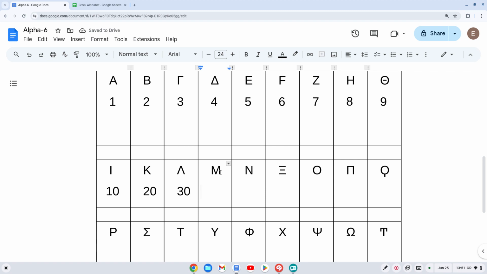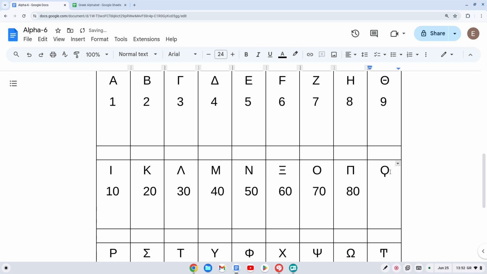Mu, 40. Nu, 50. Xi, 60. Omicron, 70. Pi, 80. And Koppa, 90.